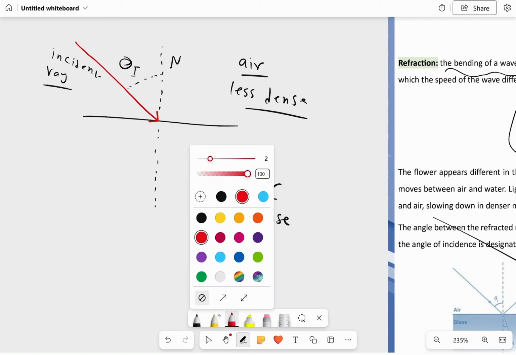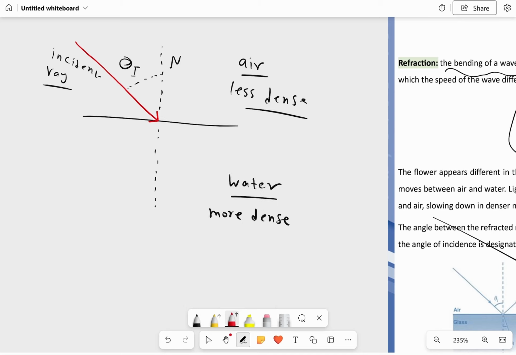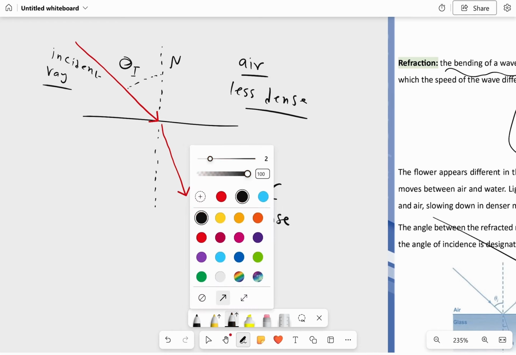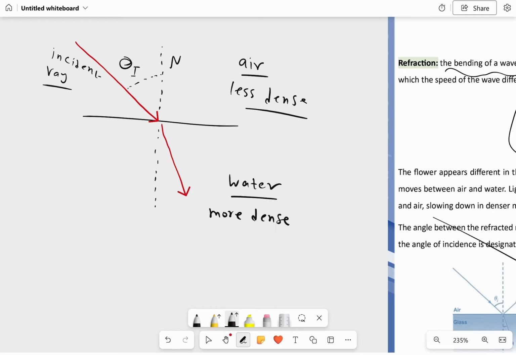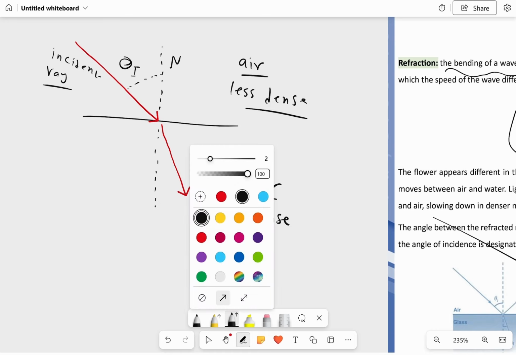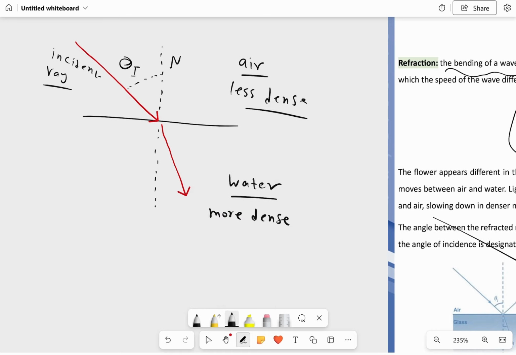Then let's go back to our note. When light goes from a medium which has less density to a medium which has a higher density, then this ray is going to be bending toward the normal line. This ray, the refracted ray, is going to be bending toward the normal line.